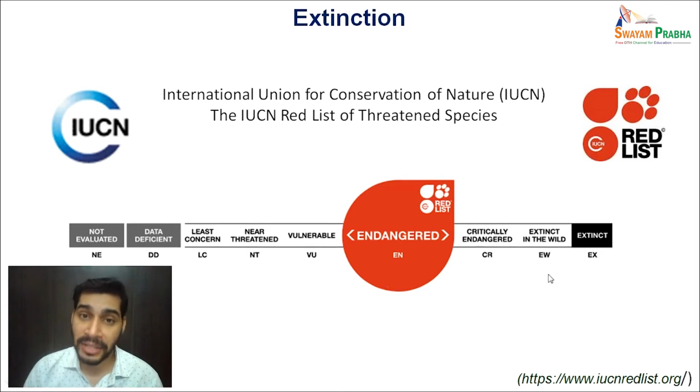That means naturally these species members are not available. And finally, the status comes as extinct, which means that the members of that species are neither present naturally nor in conserved stages or conserved habitats. So extinction is something we should bother about.